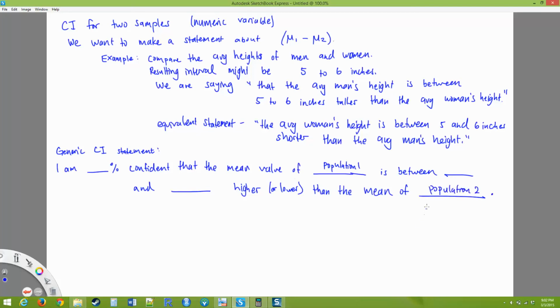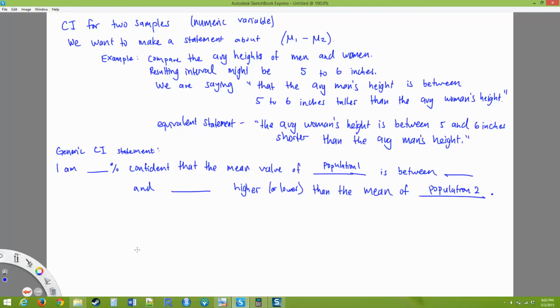Okay? So essentially I'm just generalizing this thing that we said about average height differences between men and women to a generic statement of population 1 and population 2, and just talking about the mean value of whatever we're looking at instead of heights. Okay?